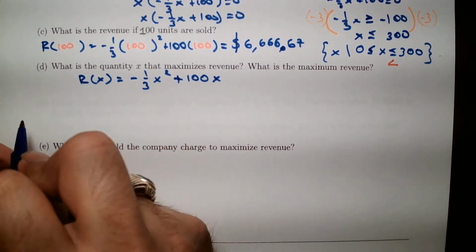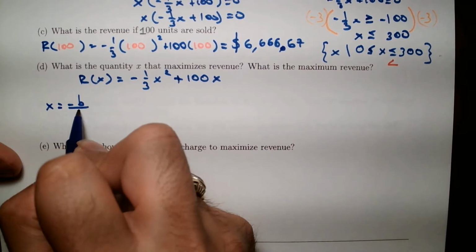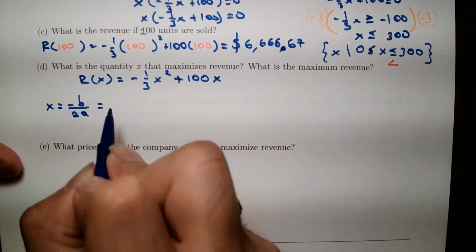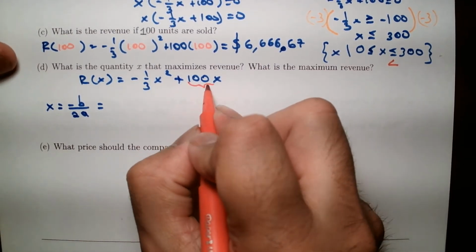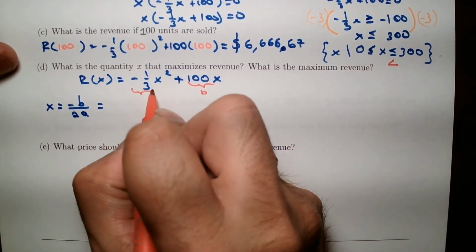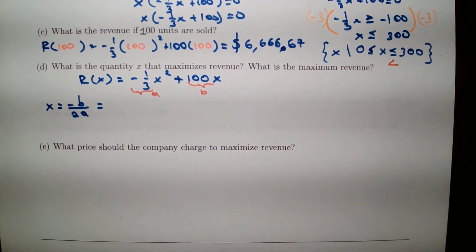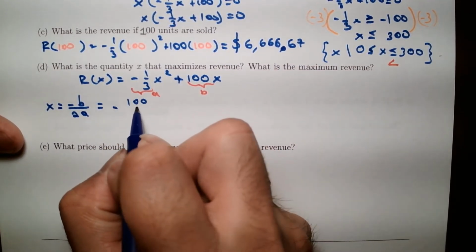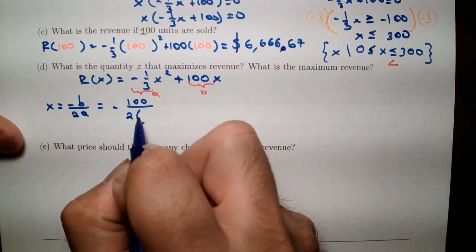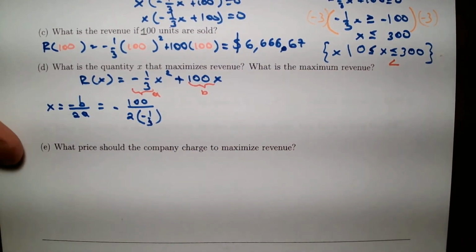By using the vertex formula, x equals minus b over 2a. The quantity that multiplies x to the first power is b. The quantity that multiplies x squared is a. All we need to do is plug into the vertex formula. So negative 100 over 2 times negative 1/3. Be careful here.